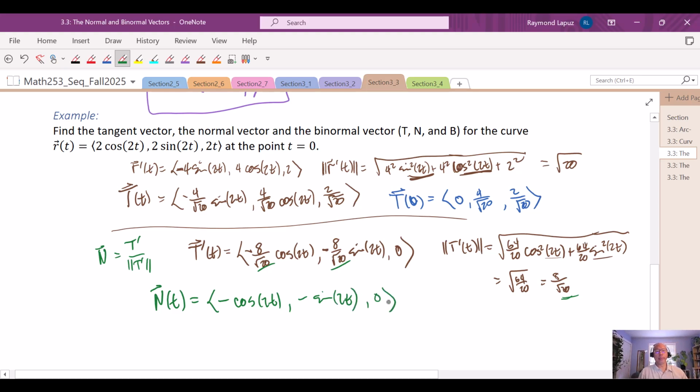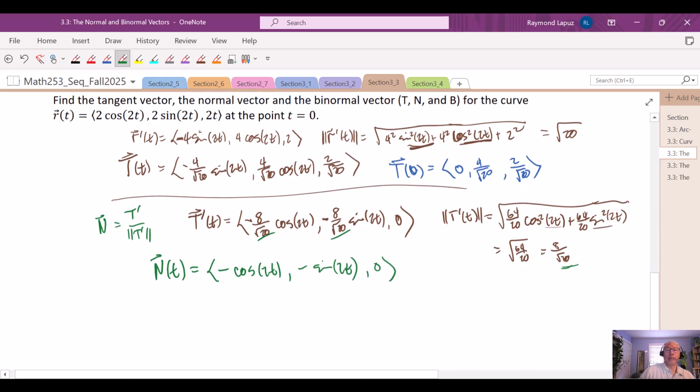And if you were to take the magnitude of that, you'll see that the magnitude is equal to 1. But more specifically, we want our N evaluated at 0, and cosine of 0 is 1, sine of 0 is 0, so this is our unit normal vector.